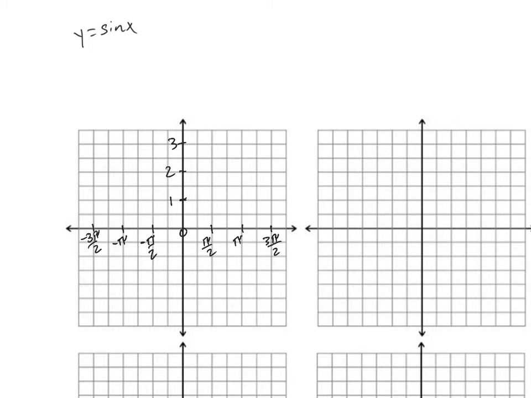Remember, sine of x is our y coordinate, so at y, this is 0, 0, 1, 0, negative 1, negative 2, negative 3, and it will repeat accordingly. So it kind of looks like this.